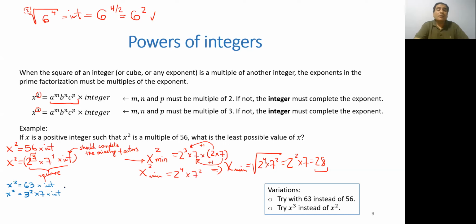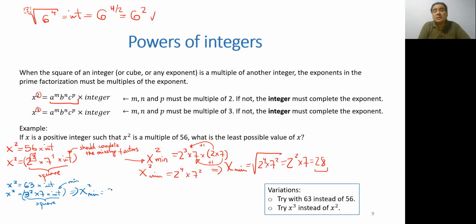Okay, now let's imagine what other factors we need to complete in this product so that this might be the square of x. Well, if we talk about the minimum value for x squared, then we should also minimize this integer factor.